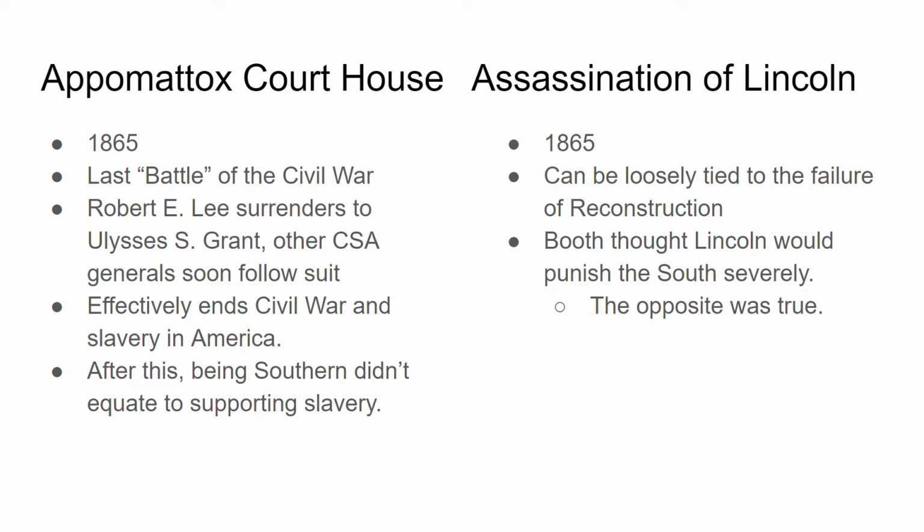Before, the whole idea of the South was cotton is king and our economy is based on slavery. That was a central part of the Southern ideology before the Civil War.